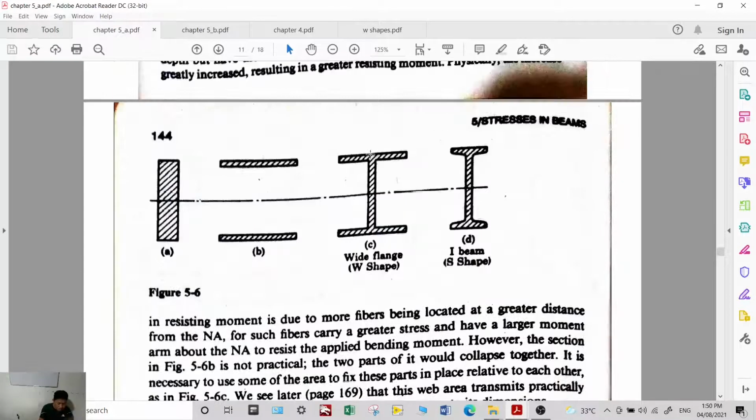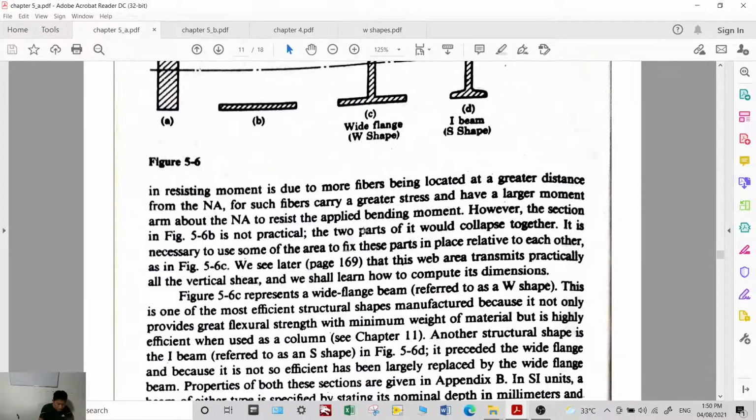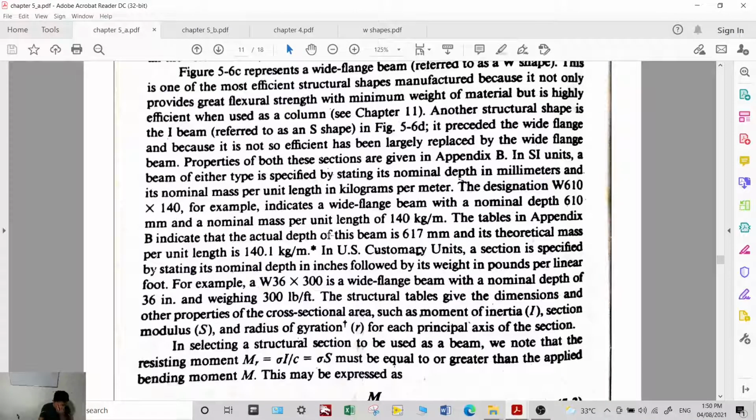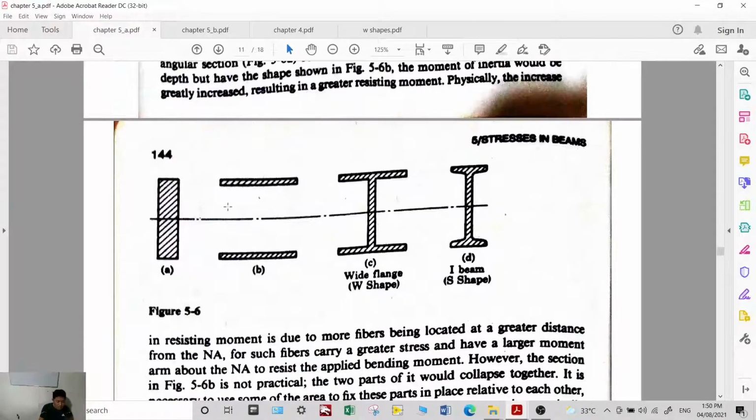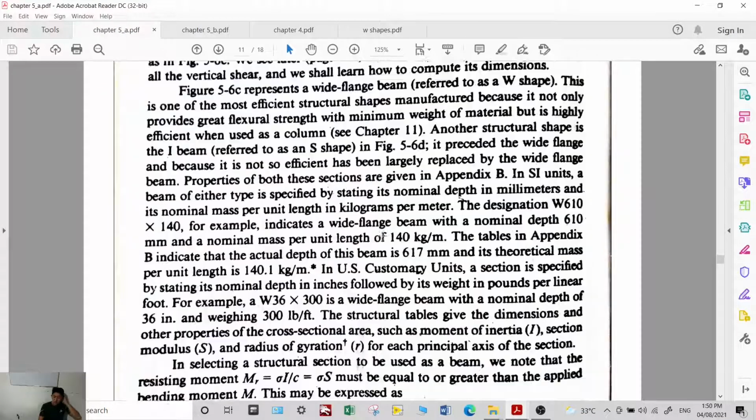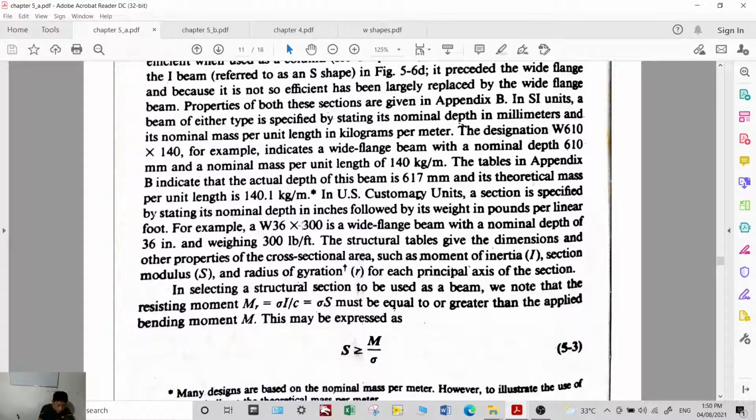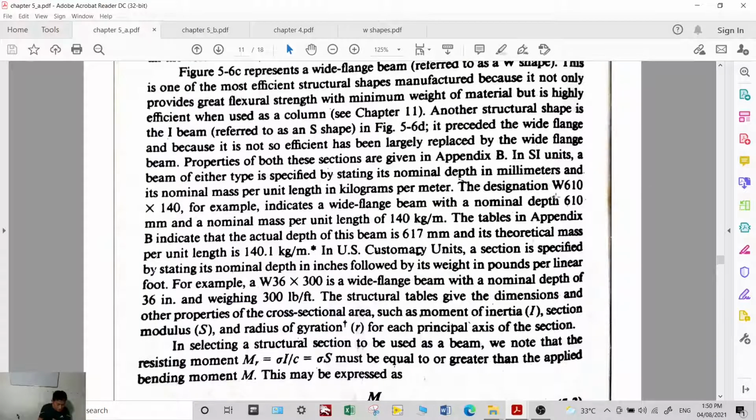The 140 means the mass per unit length is 140 kilogram per meter. So that is the meaning of this code.